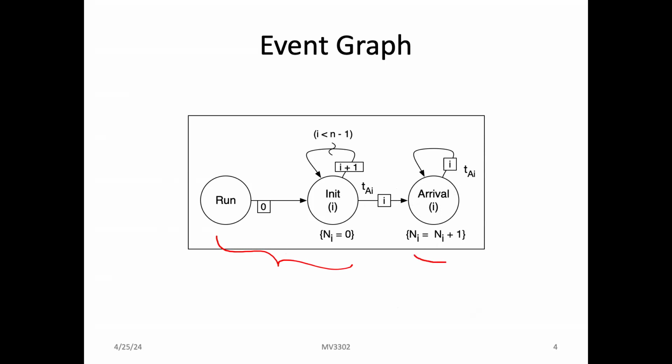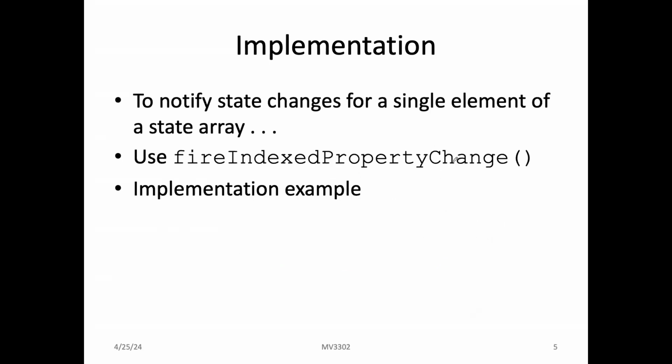Why? So that the correct state, that is the number of arrivals, is scheduled correctly. And the delays, the two delays, are also correct. And then once we have the arrival, it's going to schedule the next arrival, but it needs to pass the index of that. And if we're interested in listening to that, we would need to fire an index property change for that.